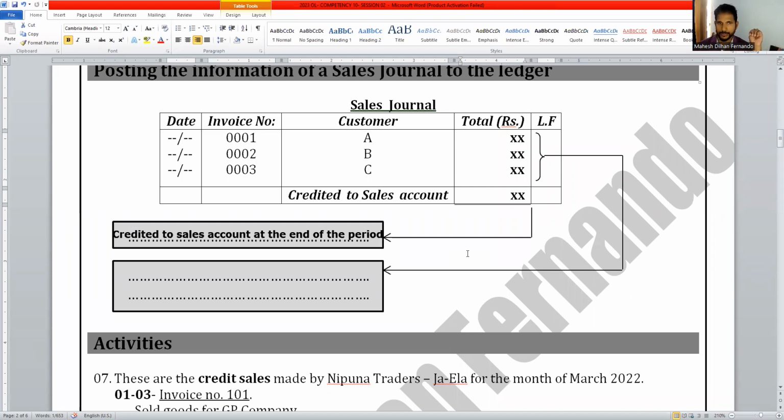Okay, good. Then, to these individual values, listen to me, you have to write debited to debtors accounts, debited to the respective debtors account on the day of the transaction.